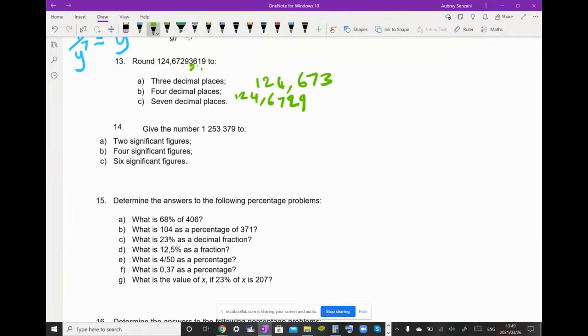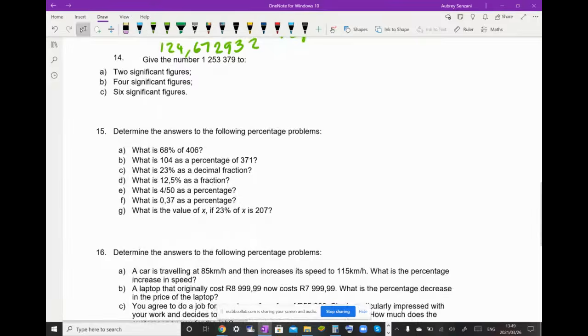Yes, the 9 is above 5, so this one becomes a 2. So 1, 2, 4, 6, 7, 2, 9, 3, 2. There we have our answer.